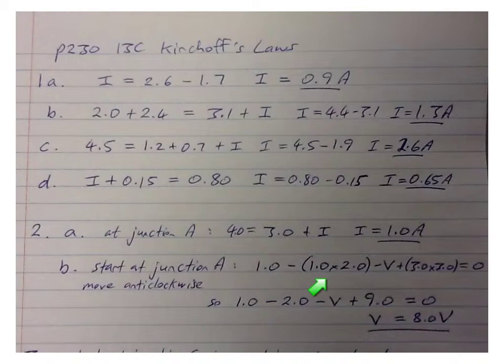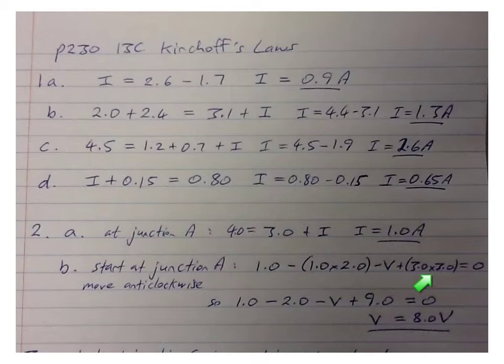Now we know the value of the current, it's 1, so the value of the drop is I times R, 1 times 2. And then we go down past junction B, encountering nothing until we get to the unknown cell V. Since we're going through it backwards from the plus to the minus, we're going to drop that voltage. That's why you have to minus V.